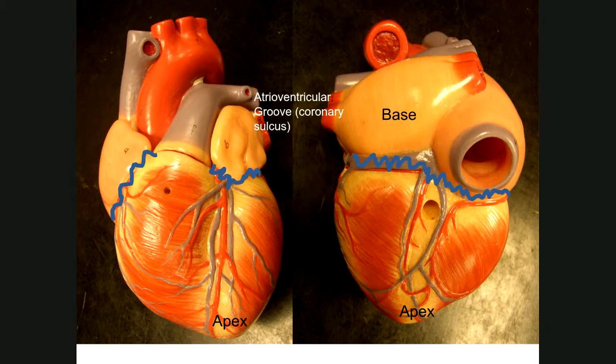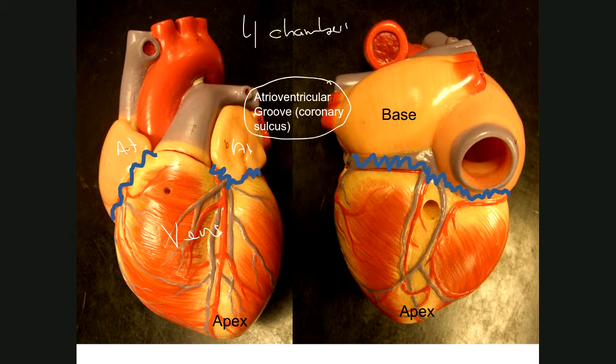We have 4 chambers. Well, these chambers are separated by grooves. So there's a groove that separates the atria from the ventricles. That's called the atrioventricular groove. It's also called the coronary sinus. And look, it goes all the way around, except in the very, very front right here.